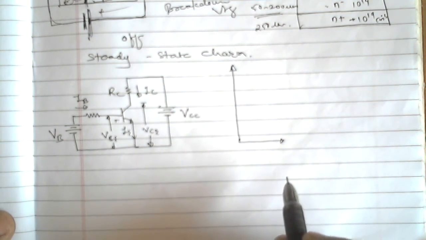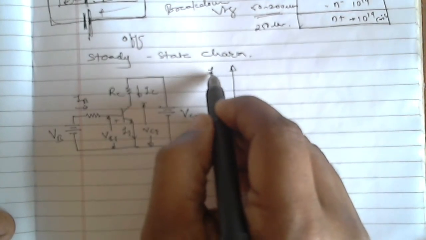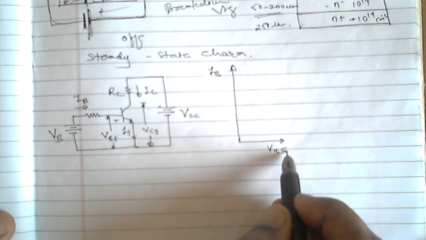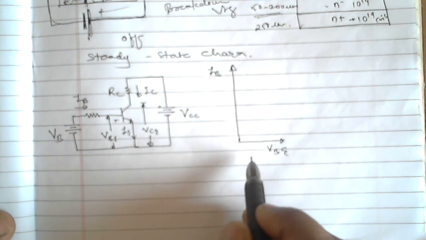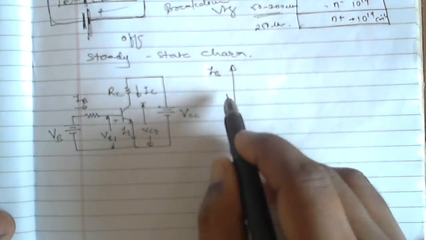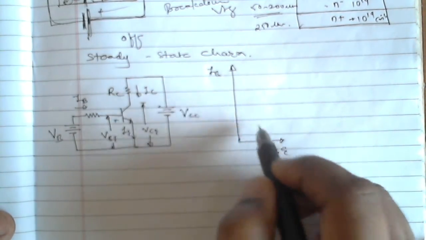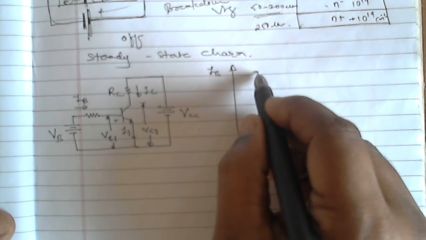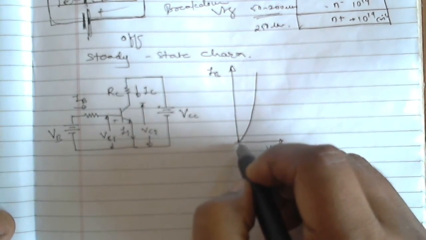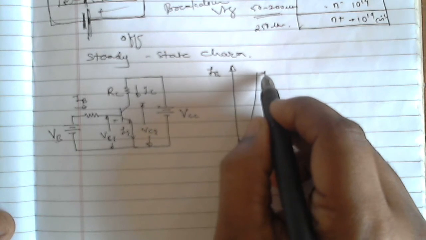So the graph between IB and VB gives the input characteristic. As the base emitter junction of a transistor is like a diode, the IB versus VB graph resembles a diode curve. Means it is like this.